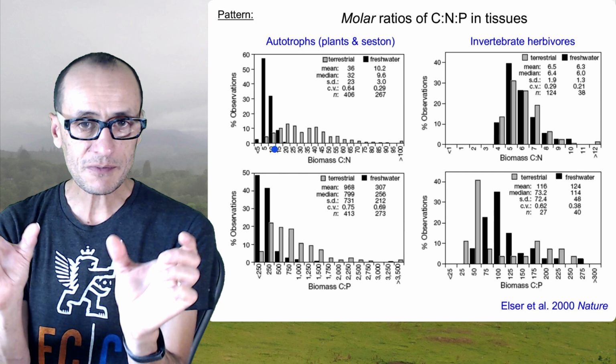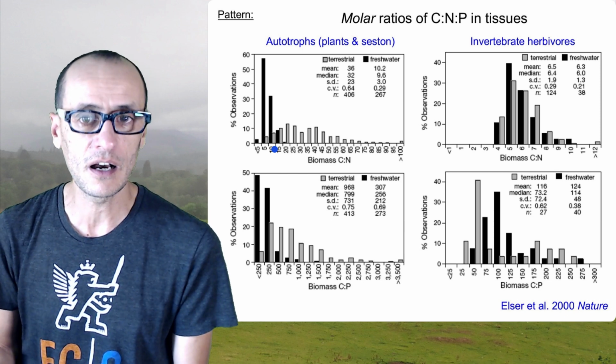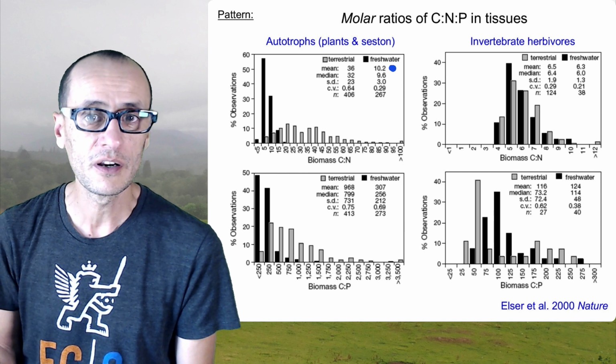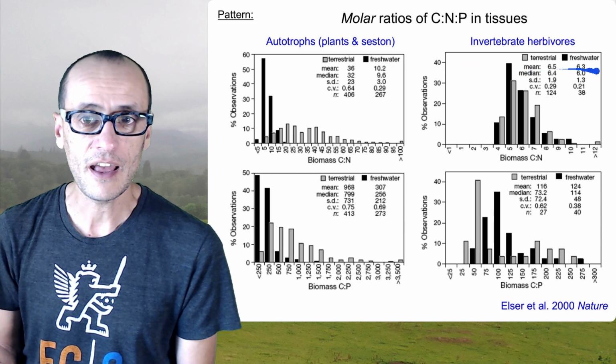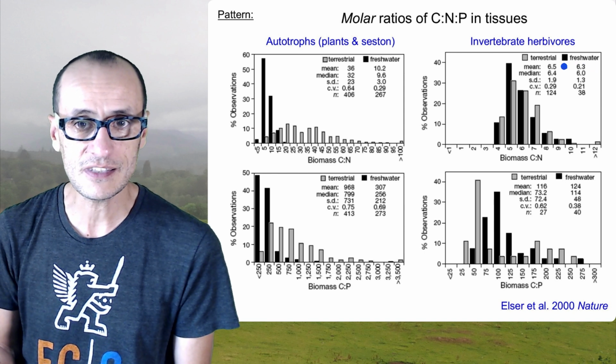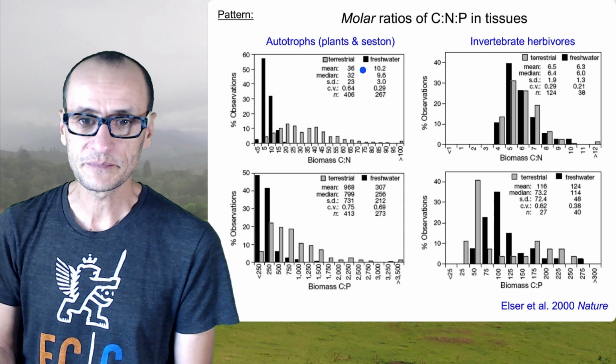That mismatch is greater in terrestrial systems than it is in aquatic systems. The C to N ratio for freshwater autotrophs is 10, and for freshwater consumers is about 6. So this is a lot closer than 6 is to 36, for example.